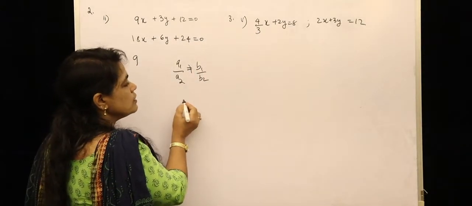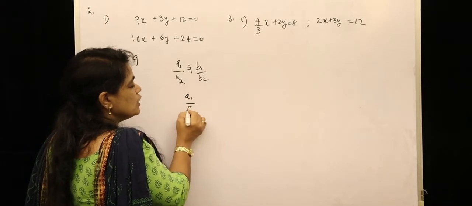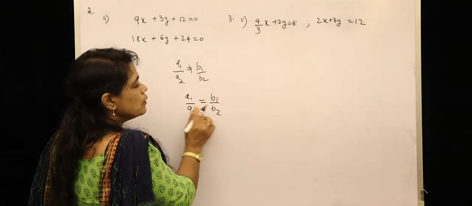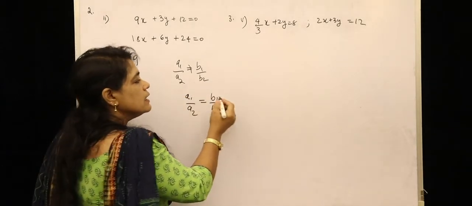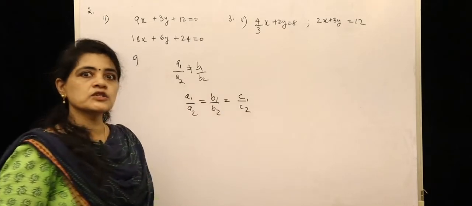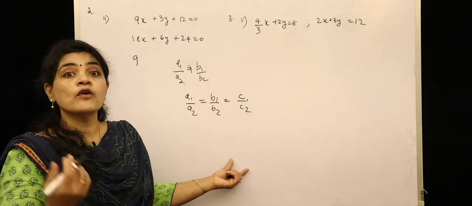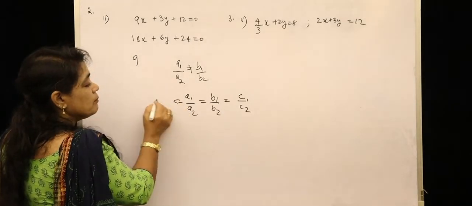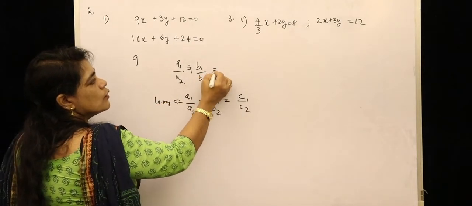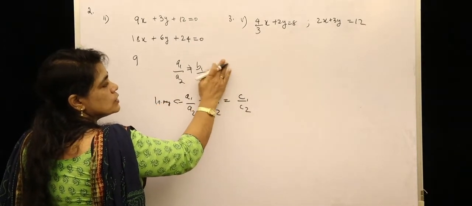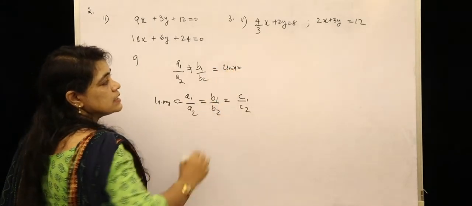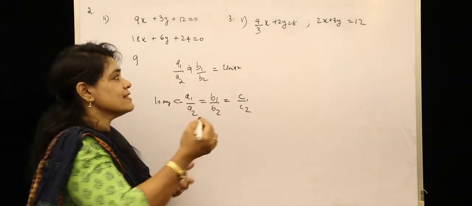Infinitely many solutions means A1 by A2 and the second ratio B1 by B2 both will be equal, and the third ratio C1 by C2, these 3 ratios are the same for infinitely many solutions. This is for intersecting lines, unique solution.